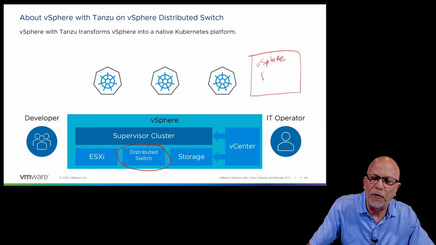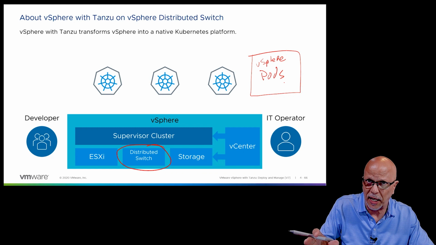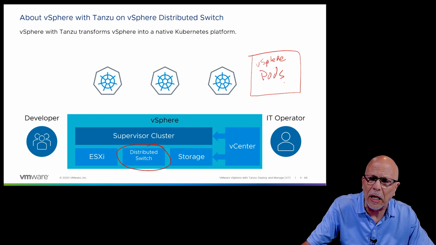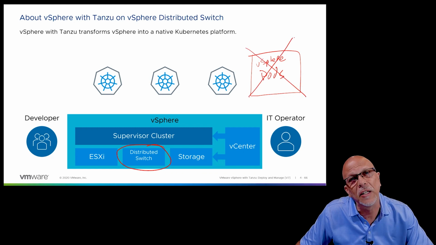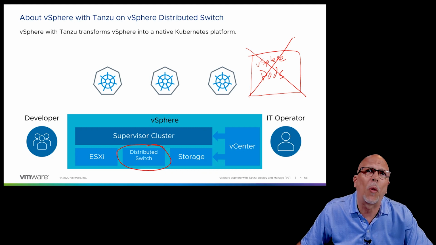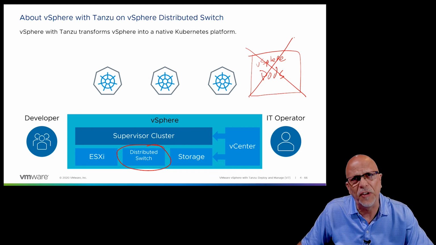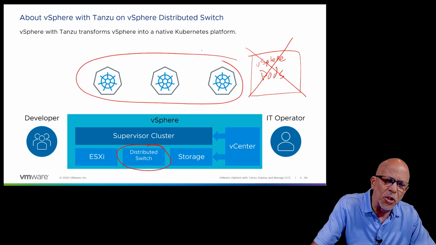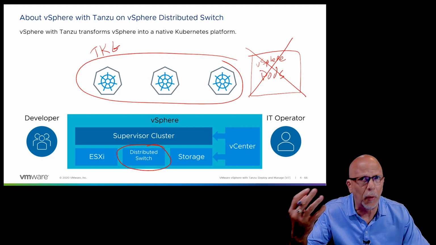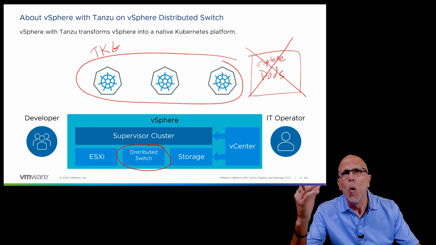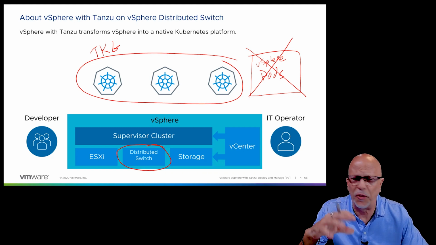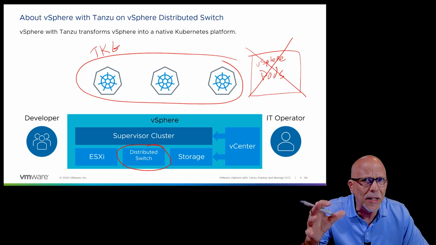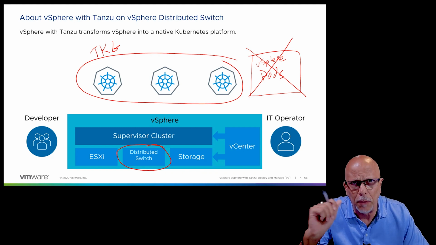Our vSphere pods before were running as an option when we did vSphere with Tanzu with NSX-T. We can't use our vSphere pods when we're deploying on top of a vSphere distributed switch. We could still use our TKG Kubernetes clusters up here, and I could have multiple of them. We're going to talk about using the Tanzu Kubernetes Grid service in the lesson coming up shortly.